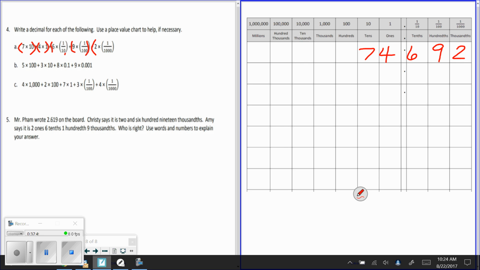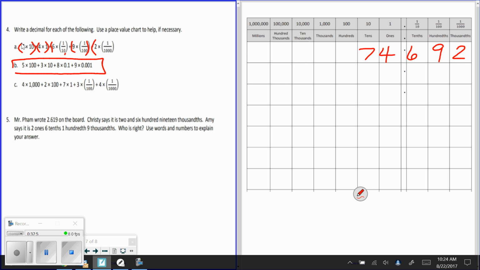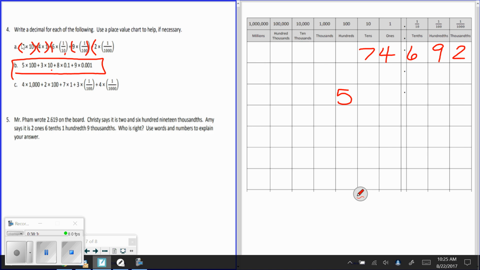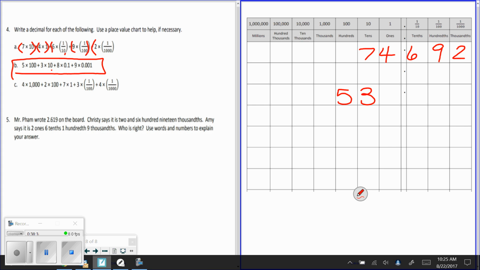Because if you look at this one right here, you've got to be really careful because it has 5 times 100. So I'm going to go to the hundreds place and write a 5. 3 times 10. So I'm going to write a 3. 8 times 1/10.